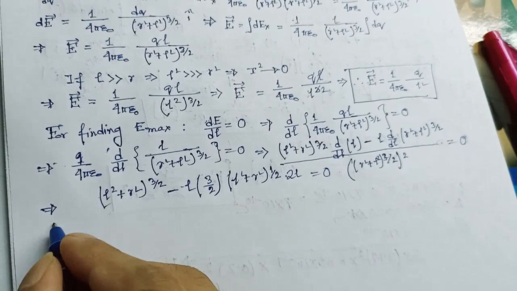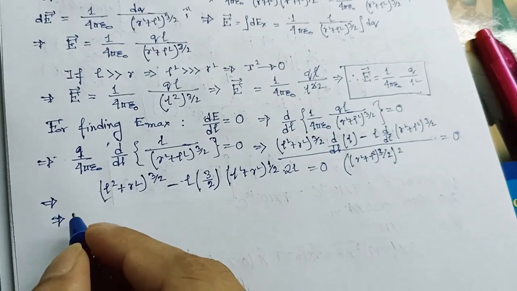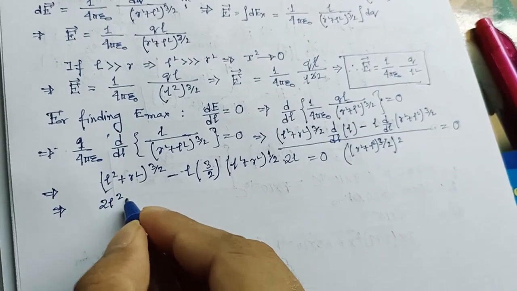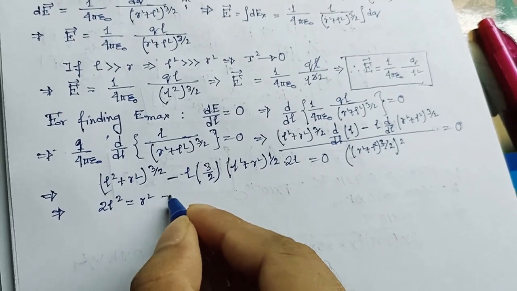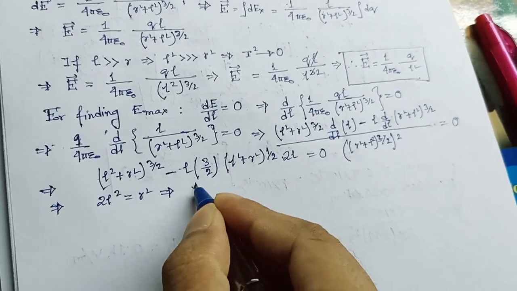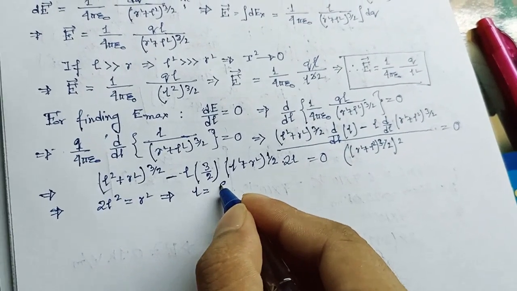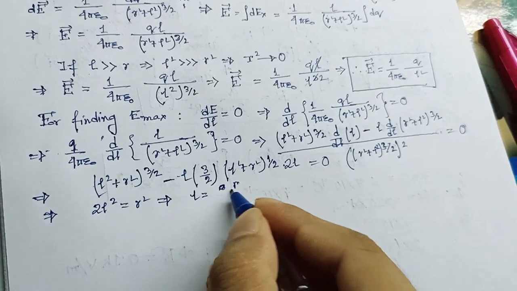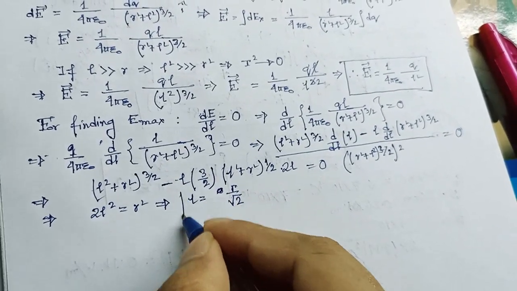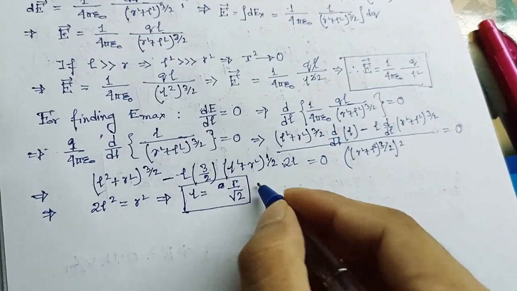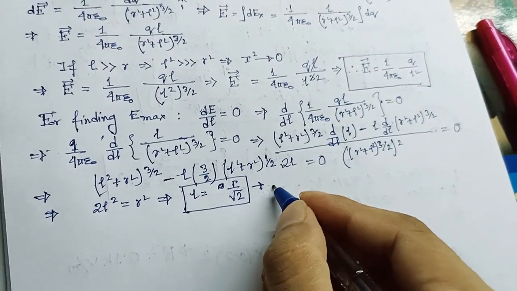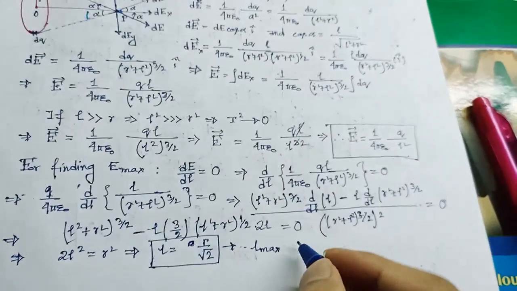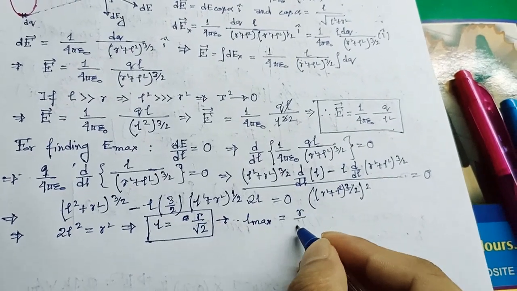If you carry out this calculation, we find 2L square is equal to R square, or L equals R divided by root 2. So this is the distance L max at which the electric field will be maximum: L max is R divided by root 2.